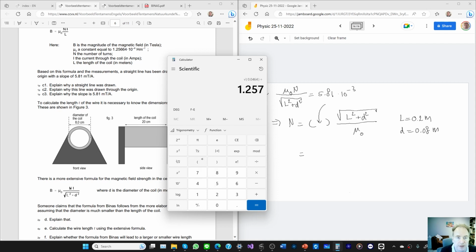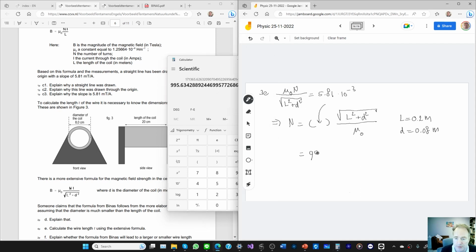I keep 4 significant digits. And then multiply this by that slope. Then I get 996 approximately turns.